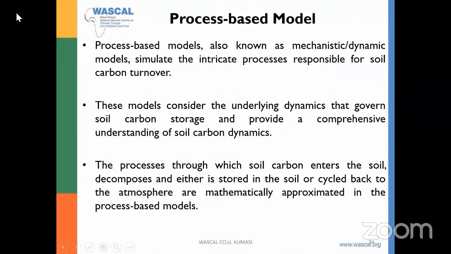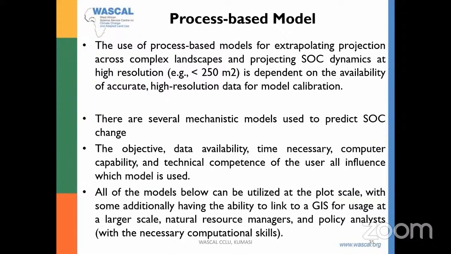Now let's quickly look at the process-based models, which are mechanistic and simulate the intricate processes responsible for soil carbon turnover. With this, all the underlying dynamics that govern soil carbon storage are represented as mathematics or equations to help us in estimating or generating a model for our carbon storage.